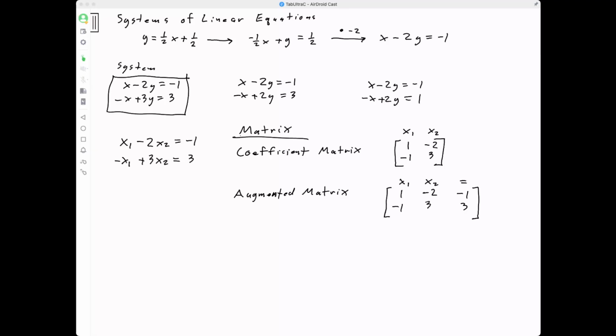It's got all of the information in it. We can use this augmented matrix to solve the system of equations. At this point, it feels kind of useless because we've got methods to do this pretty quickly when it's a 2x2, but this is going to generalize into a more useful tool as our matrices get bigger.